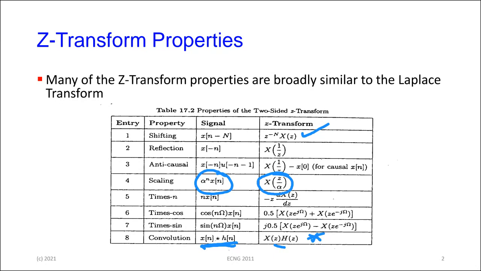Remember, we're doing this because it's going to help us to solve difference equations, or to manipulate the difference equations. Like how in the Laplace domain we used the Laplace transform to solve a differential equation, but then we realized, wait a minute, if the differential equation was describing the system, we could stick it into the S-plane and do a lot of manipulation right there and see how the thing is working.